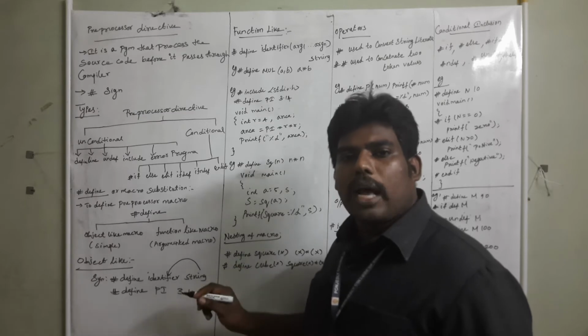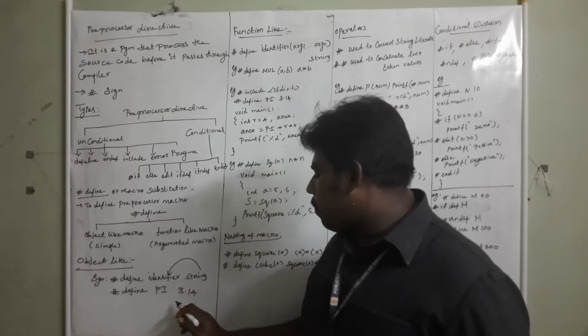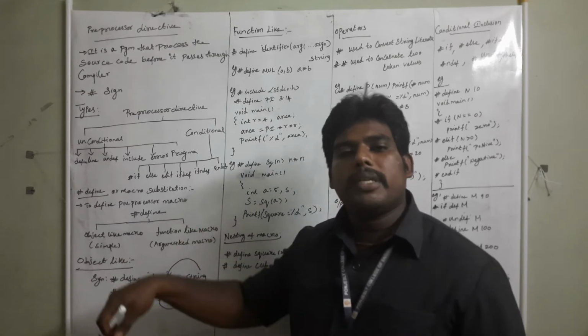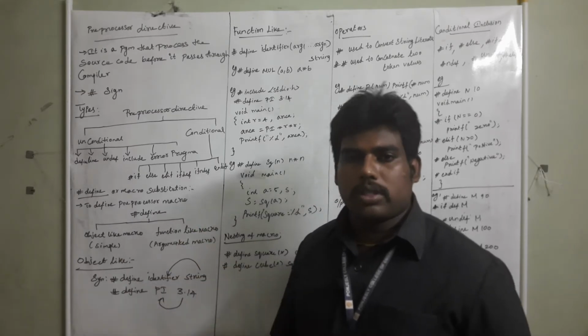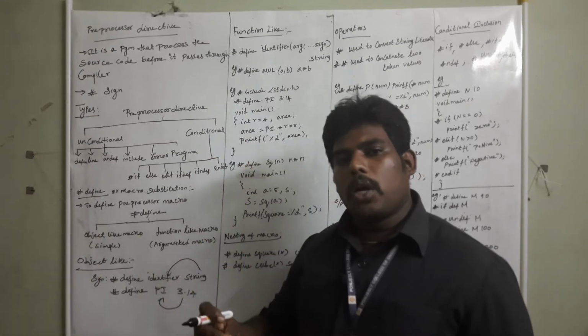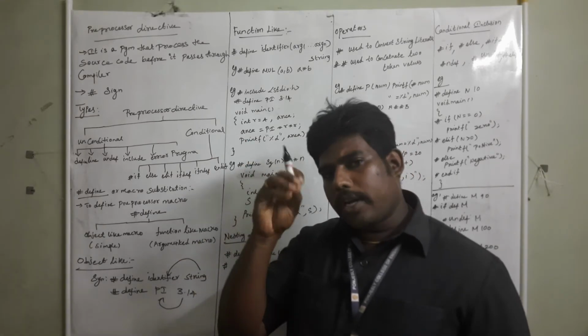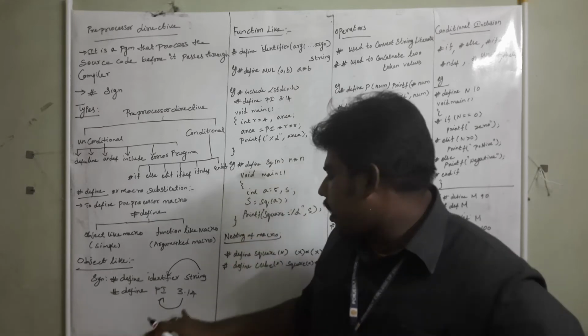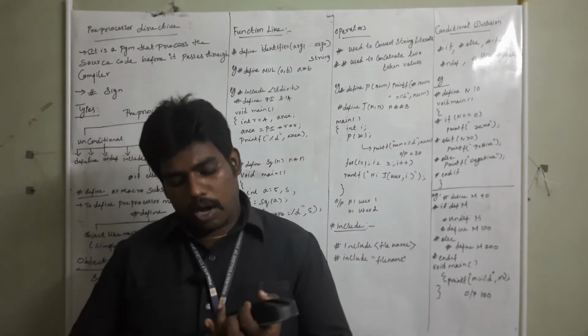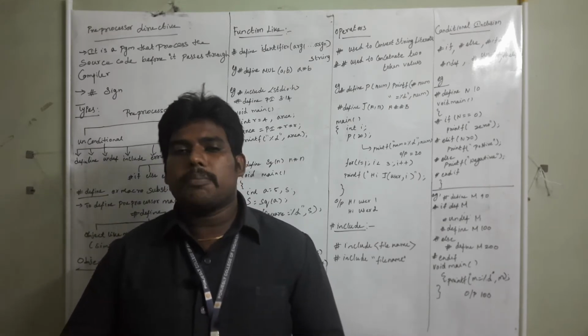In your program, wherever you use the identifier pi, the value 3.14 will be substituted. That is macro substitution. Wherever you use pi in the whole program, the meaning of pi is 3.14. Like that, for creating symbolic constants, we use the symbol macro.